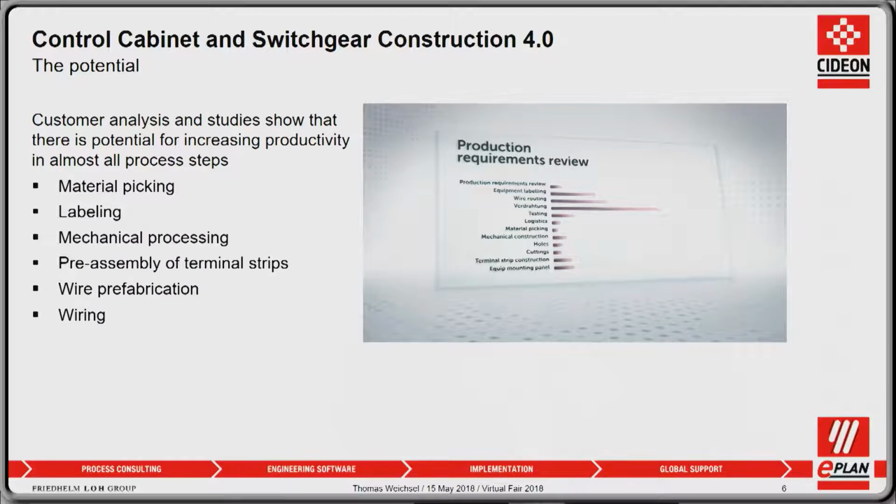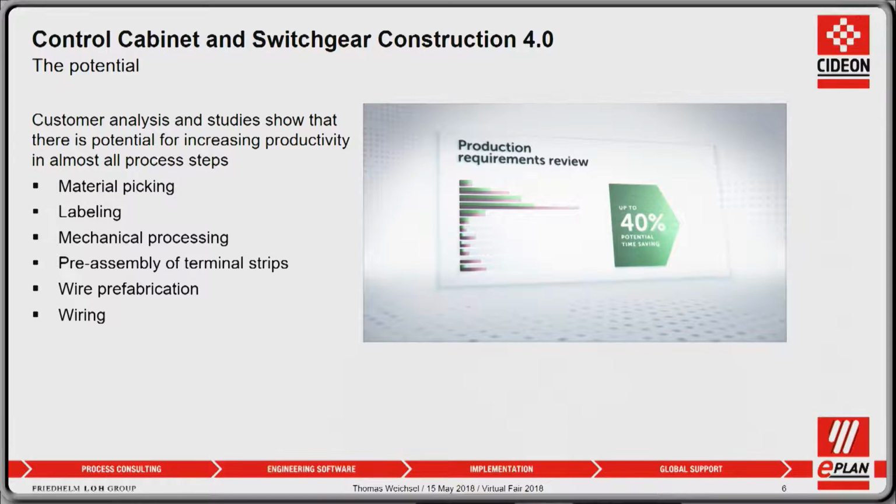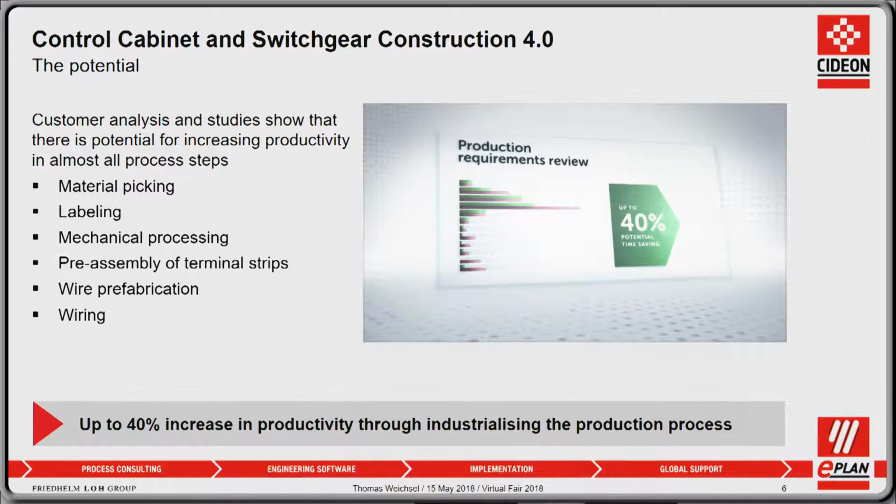And we have to face wire prefabrication, which cannot be automated because of missing information. Last but not least, one aspect is the wiring itself and the information that should be provided to the worker but cannot be provided. Facing all these aspects, we found out that up to 40% of the entire production time of a control cabinet can be saved if it would be possible to industrialize and automate the process in panel building.